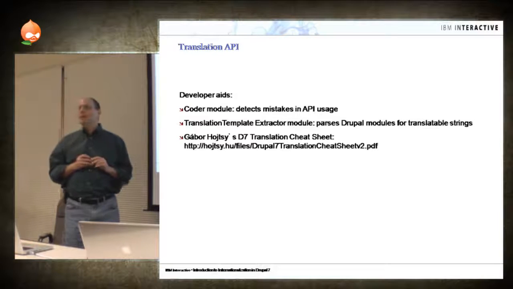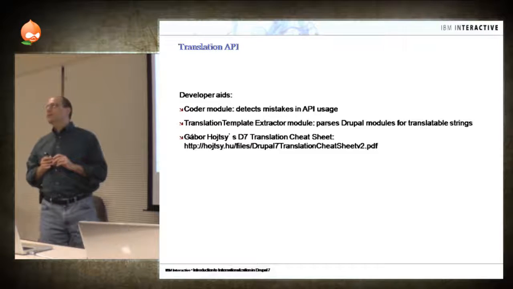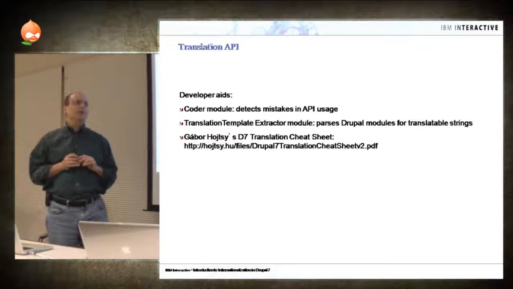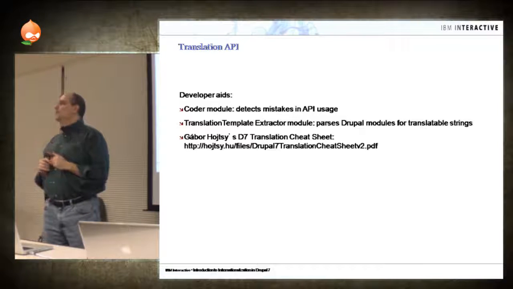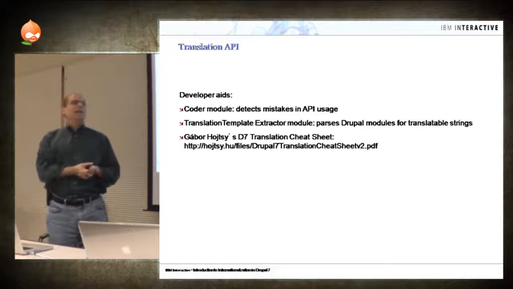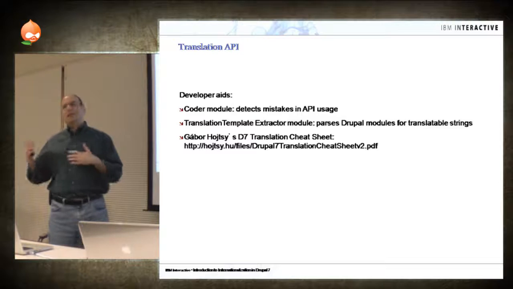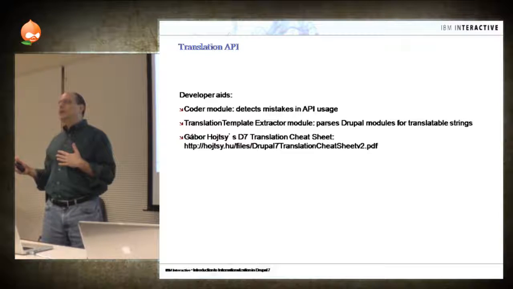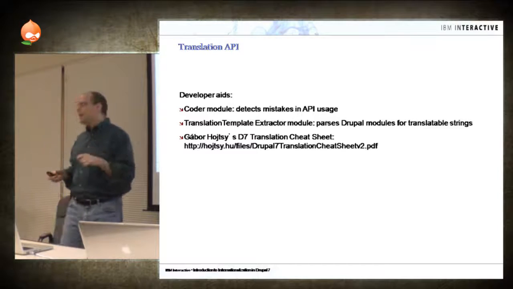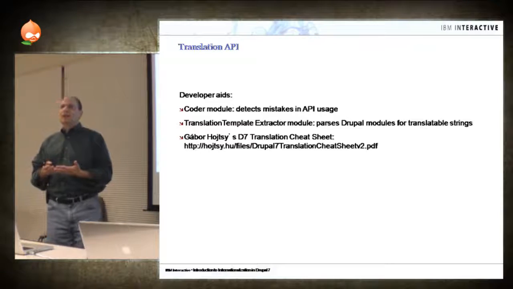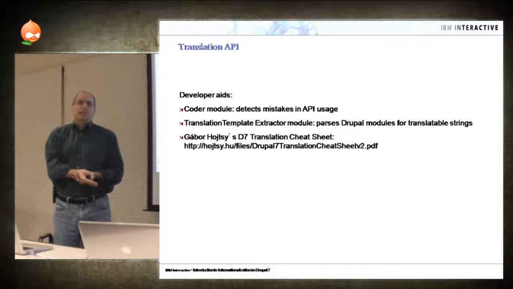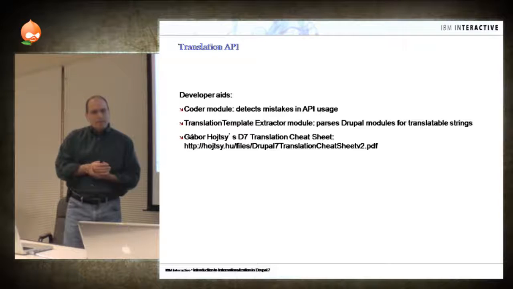A very common thing that happens in modules written by the community is that there are hard-coded strings in there that are not surrounded by the T function, which technically is fine, it'll work, but best practices wise is not the way to go. This module will detect that, and it will also, of course, detect if you're doing that in your own custom modules.